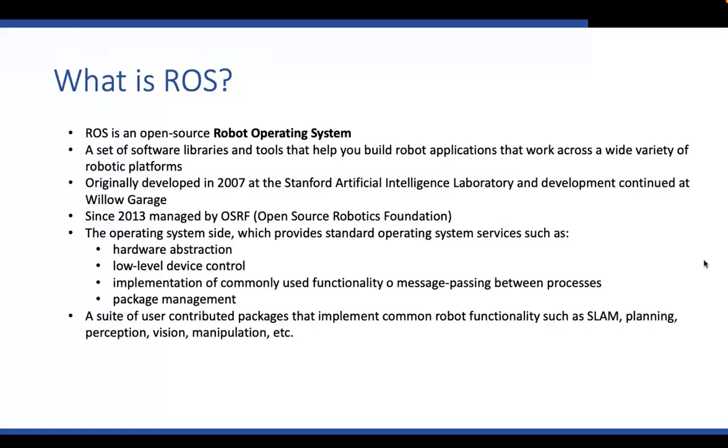It was originally developed in 2007 at the Stanford Artificial Intelligence Laboratory, and then development continued at Willow Garage. You will also see that many of the robots ROS supports are Willow Garage robots, for example Turtlebot 2. They're very good robots when you want hardware available to learn on in real life.